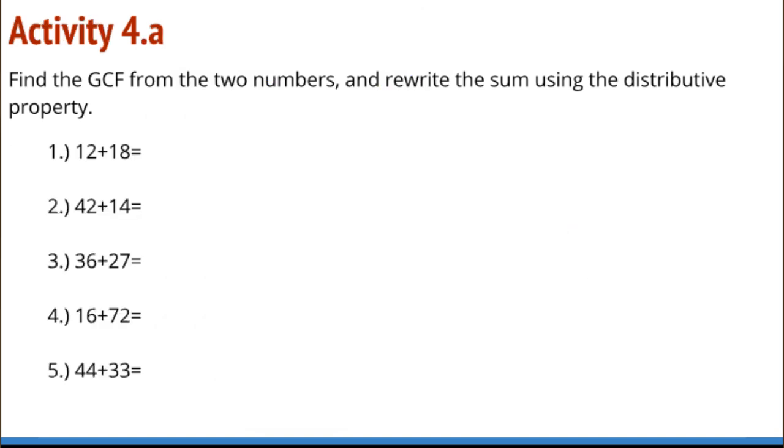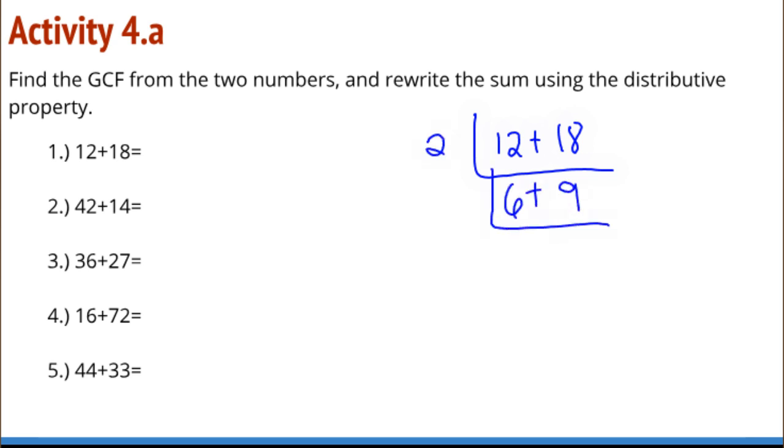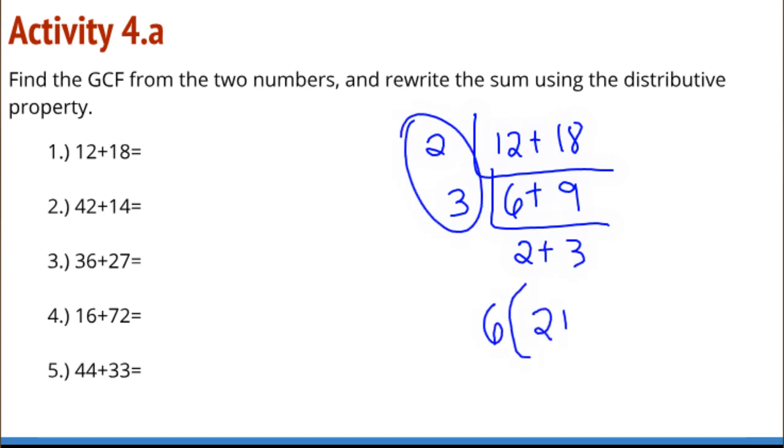All right, find the greatest common factor from the two numbers and rewrite the sum using the distributive property. So we want to break things apart here. So I've got 12 plus 18. I know that I can divide both of those by 2, 6 plus 9, and I can divide both of those by 3, 2 plus 3. So I've got 2 times 3, which is 6, multiplied by 2 plus 3.